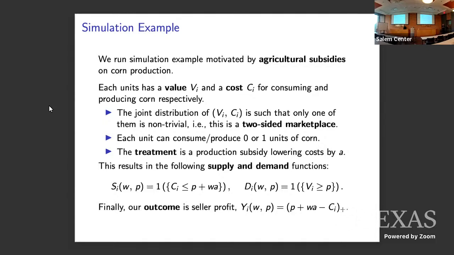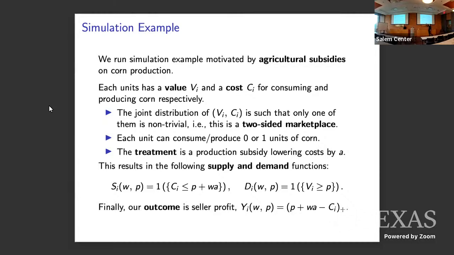So this is actually a two-sided market. Each unit can consume or produce 0 or 1 units. And the treatment is a production subsidy that lowers the cost of production by A. So what's going to happen? What we're going to assume is that suppliers supply if and only if their costs are lower than what they can get on the market.